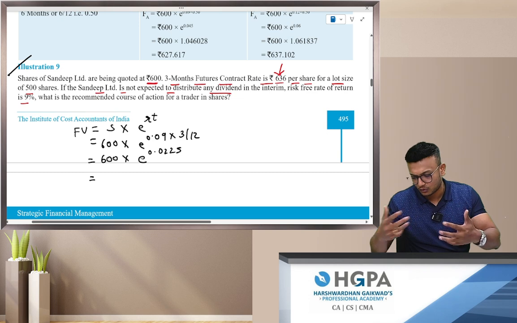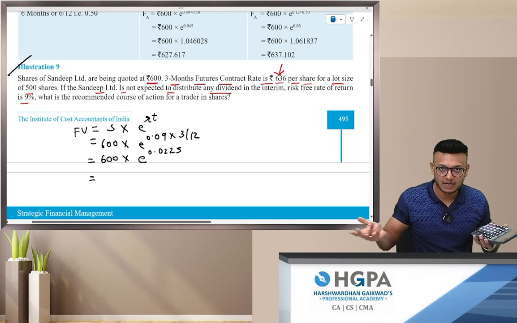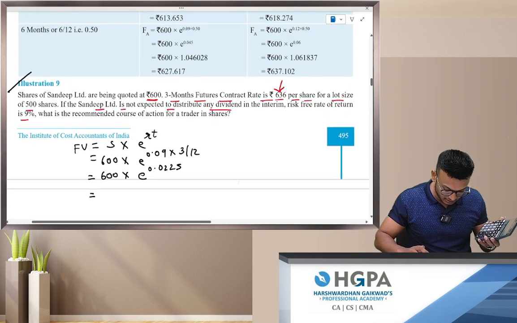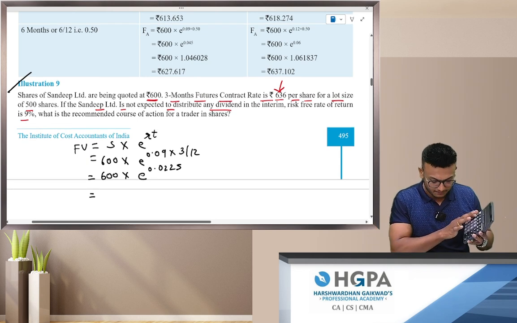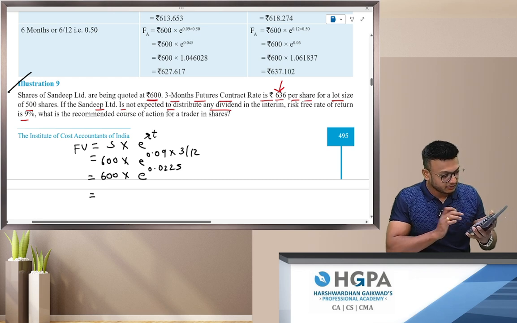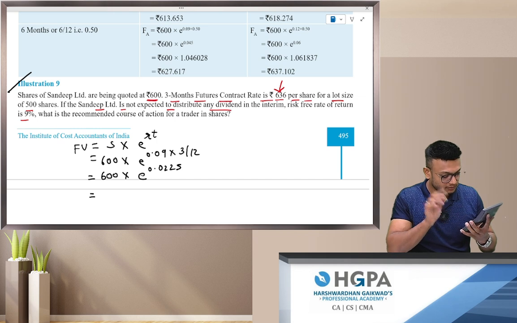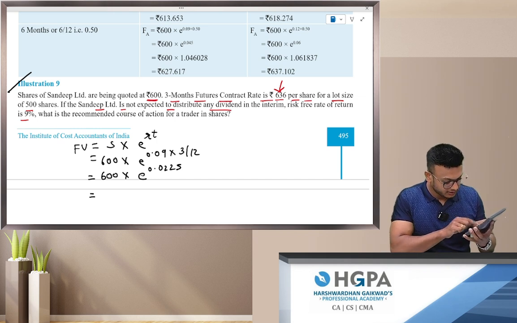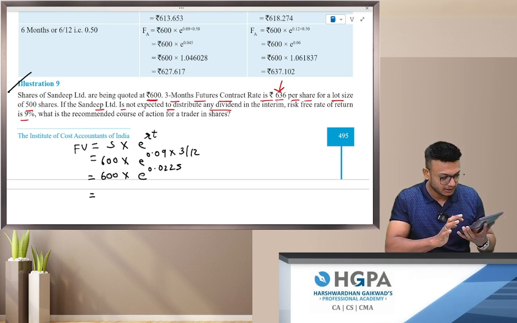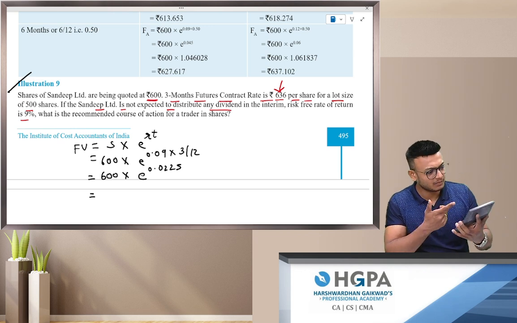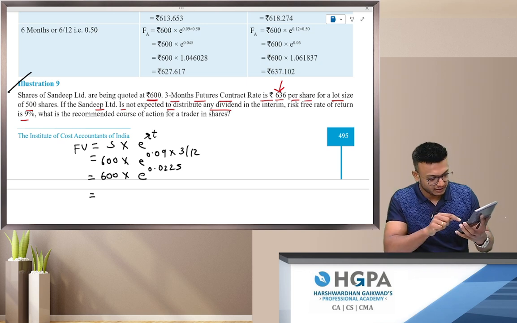But still, we'll go through the normal steps. The values are not given in the question, so you need to find it. e is 2.7183, raised to 0.0225, which is 1.02275 something, into 600.